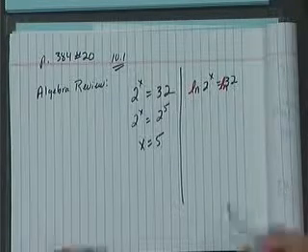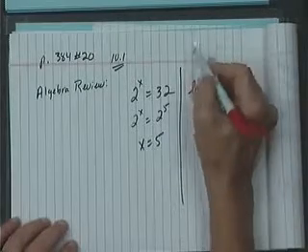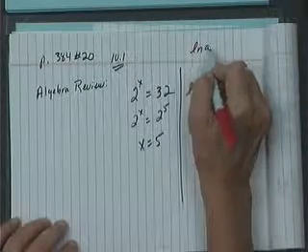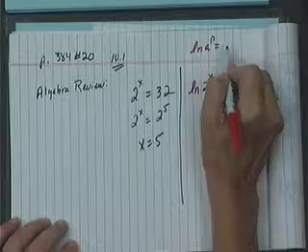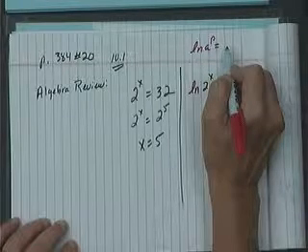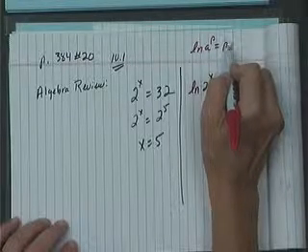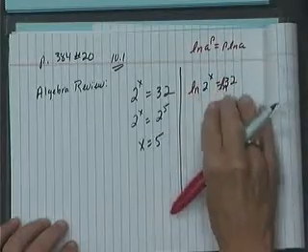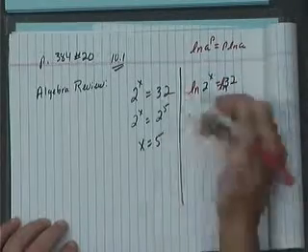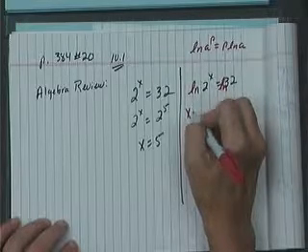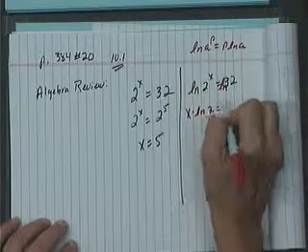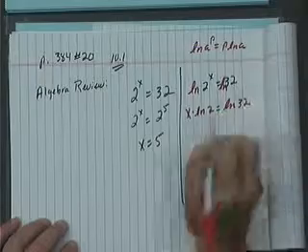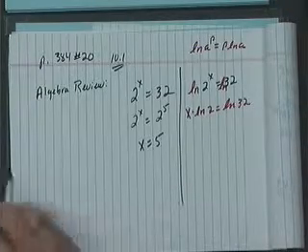And then you had a property of logarithms. Your property says that the log of a raised to the p is what? P times the natural log of a, and that's why you're using logarithms, so that you can apply that property. So we get x times the natural log of 2 is equal to the natural log of 32.